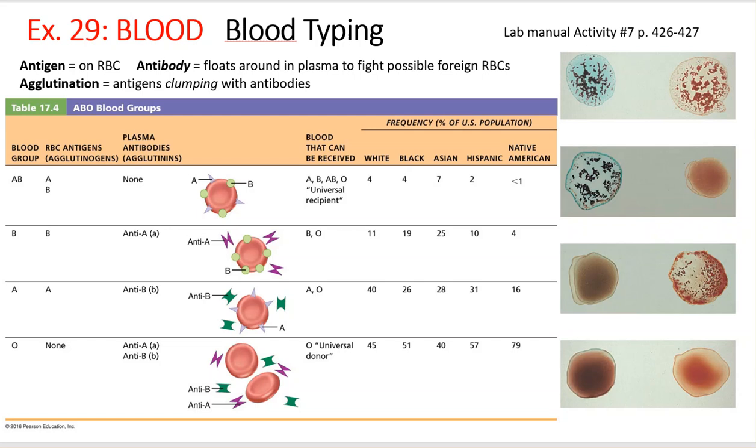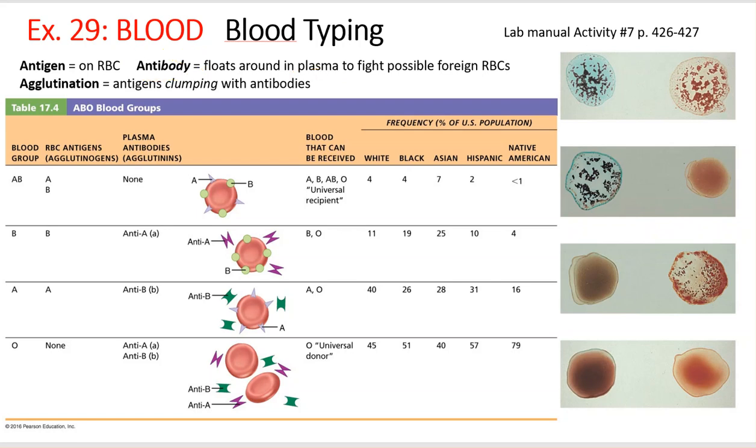One is the antigen, and antigens live on your red blood cells. The second are antibodies, and I put antibodies in yellow to remind you that they float around in the plasma, and plasma is kind of a yellow color. So antibodies live in the plasma, antigens live on your red blood cell.